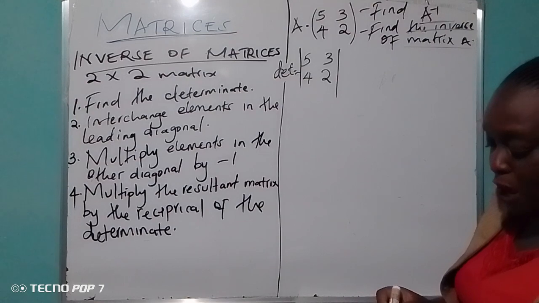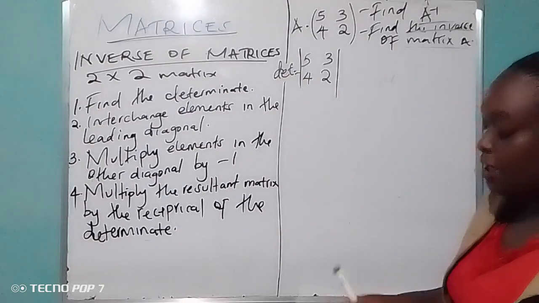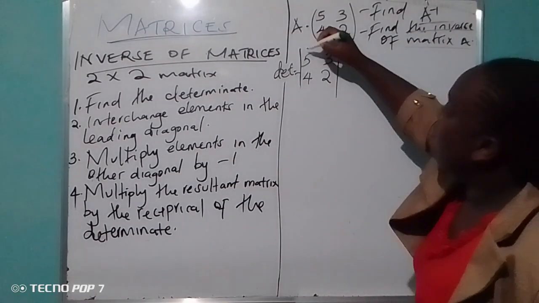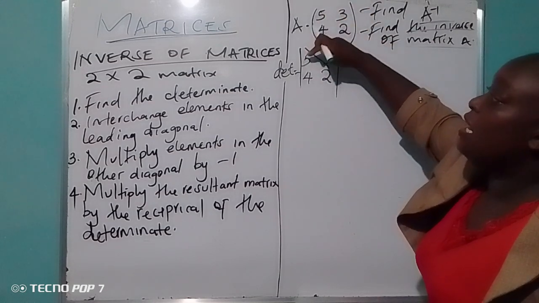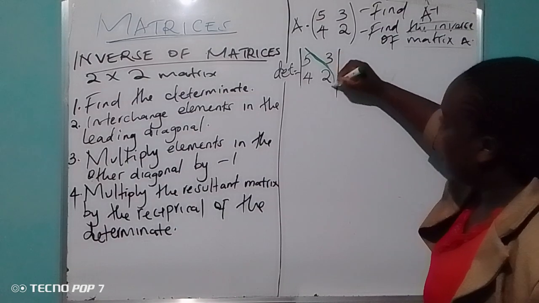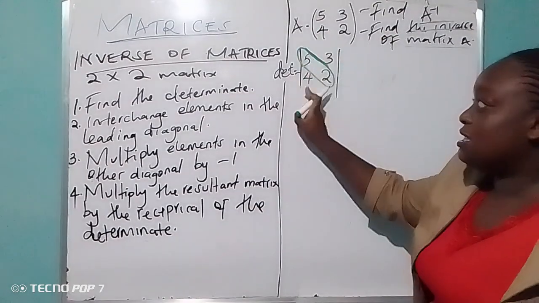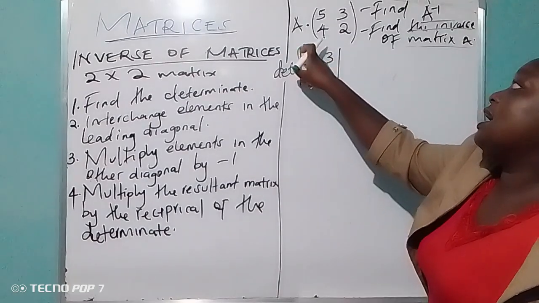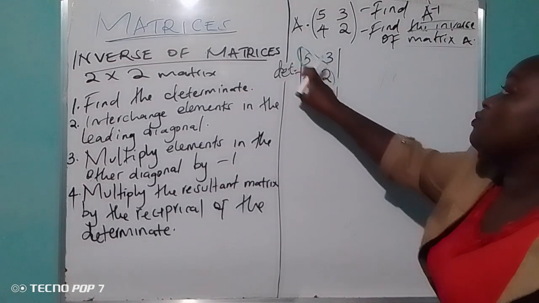We first identify the leading diagonal, which, we said, you start from the element of the first column, first row, going diagonal-wise, not perpendicular.